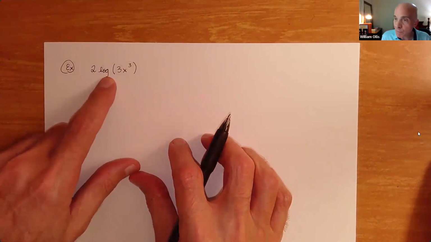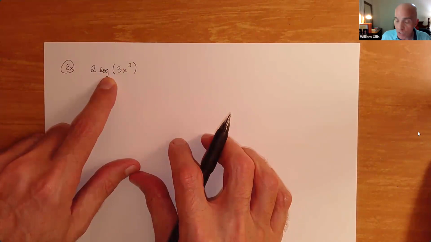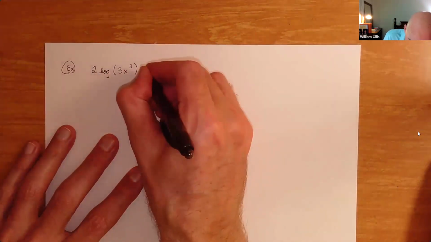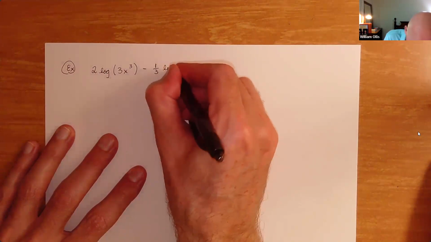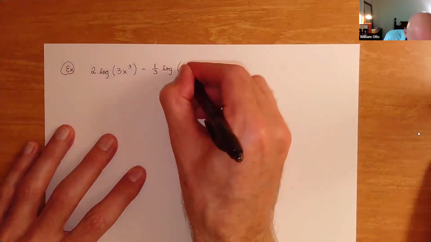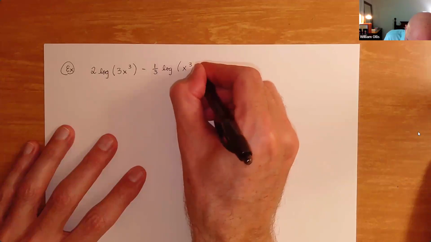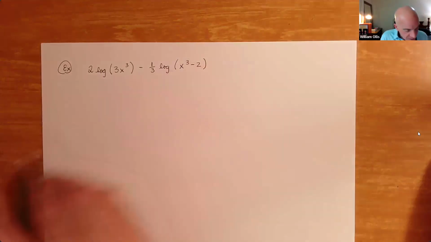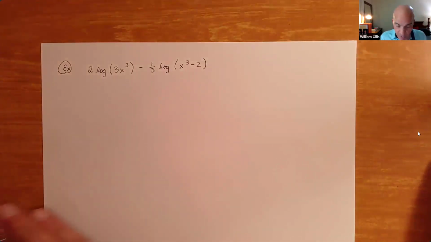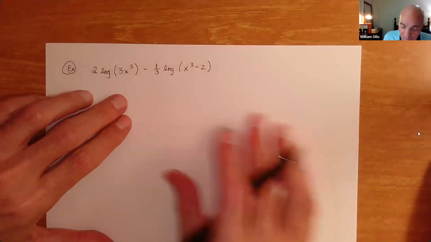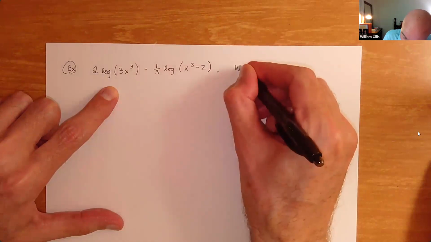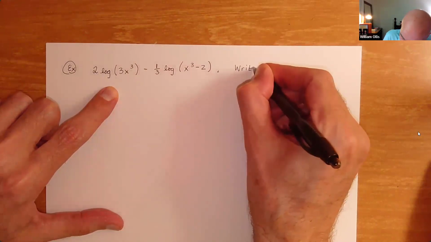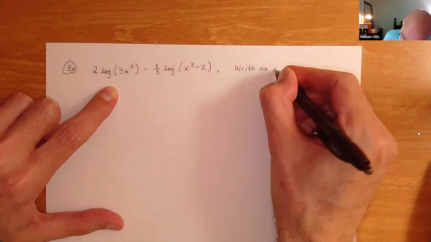So log by itself just means base 10. 2 log x minus 1/3 the base 10 log of x cubed minus 2. This is very similar to the last one. But now what we want to do is, again, write this as one logarithm.